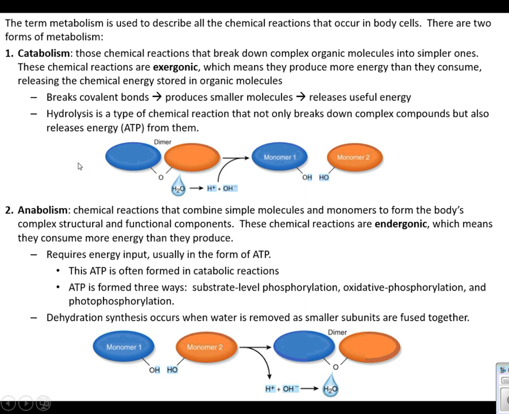Okay. This ATP that we're going to be talking about today can be formed three different ways. Substrate level phosphorylation, where you're forming the ATP directly from the substrate. Okay. This happens in glycolysis and the Krebs cycle. Oxidative phosphorylation: guess what needs to be present for oxidative phosphorylation? Oxygen.